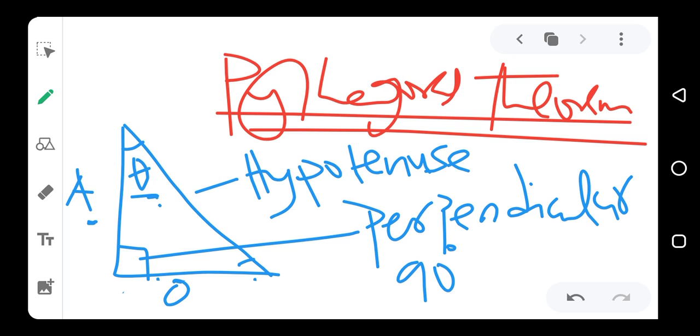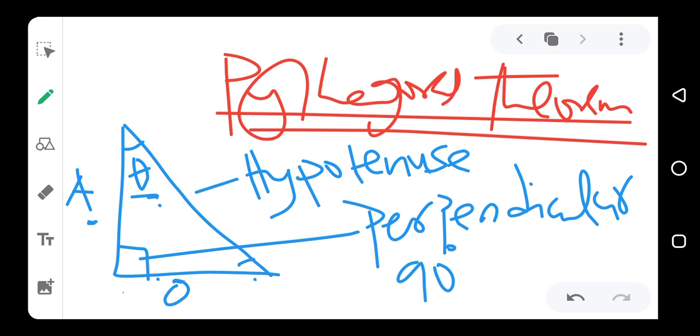So in a right angled triangle, if the angle 90 degrees is there and the other angle is given, then we have three sides: the hypotenuse, the adjacent, and the opposite.